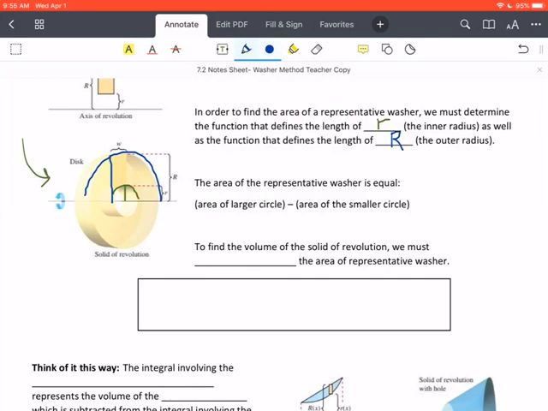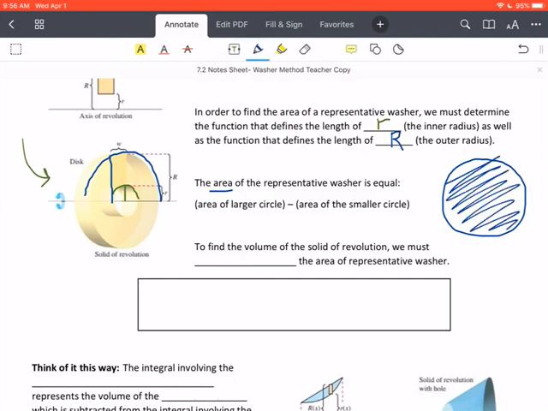in blue. So the idea is we have to find the area of the representative washers, and then we'll repeat those with minimal width for the span of the solid. So what are we going to do? We have to find the area of the large circle first, and then we have to use that smaller radius to find the area of the inner circle.